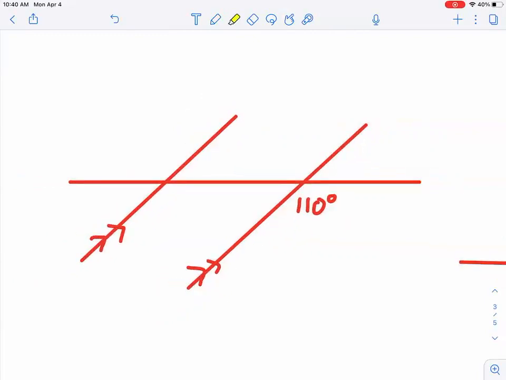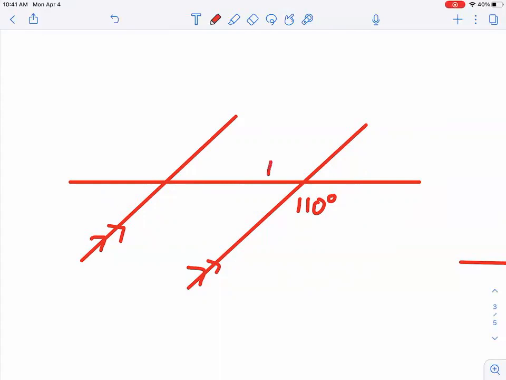If we know that angle is 110, I should be able to find that one, and that one, and that one, which then would allow me to find all 4 of these guys. So I should be able to find all of those other angles just by giving that one. And remember, that only works if the lines are parallel.